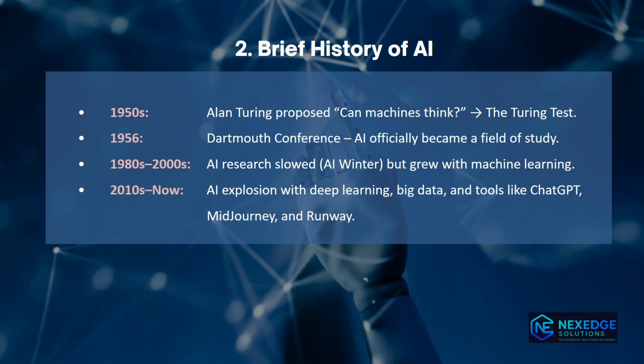And then 6 years after 1950, at the Dartmouth conference, AI officially became a field of study. People started looking into AI and trying to do research on it. And from 1956 to 1980, the research was so slow during the AI winter, but later grew with machine learning.